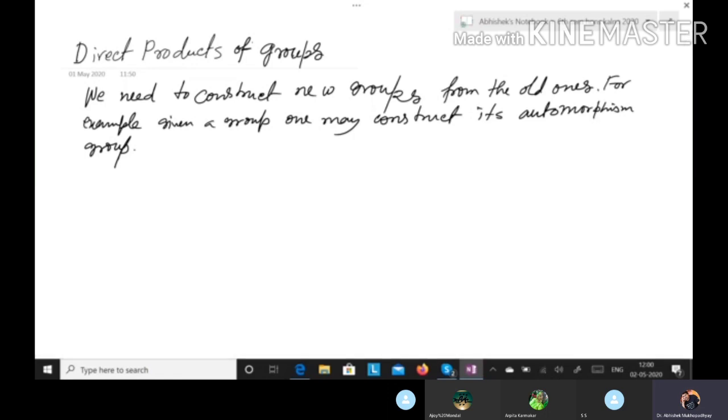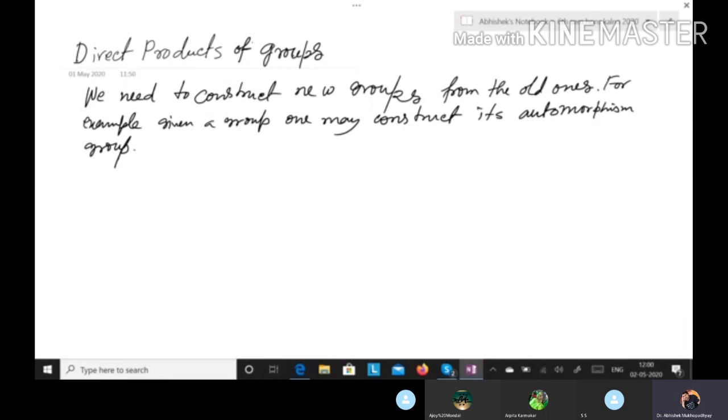So in this section, we see that this is another important way of construction of new groups from the old ones.